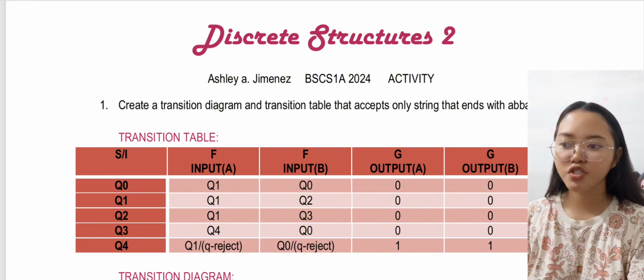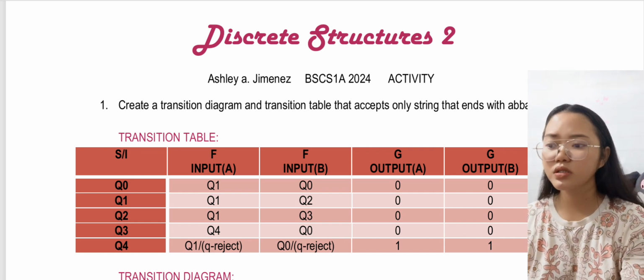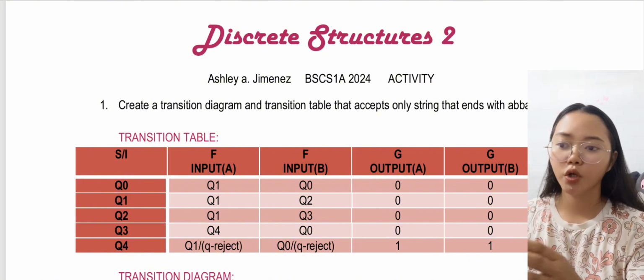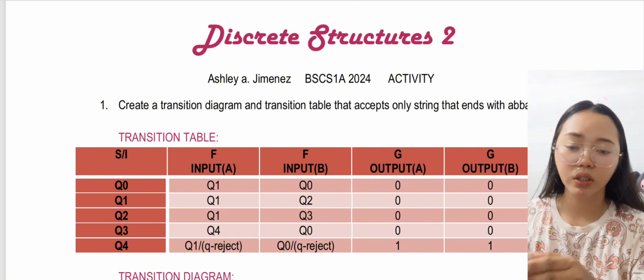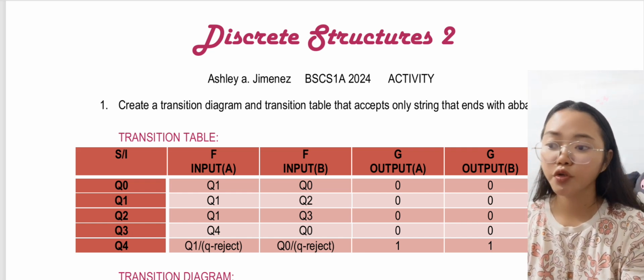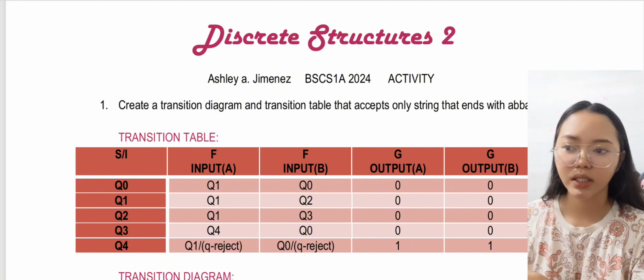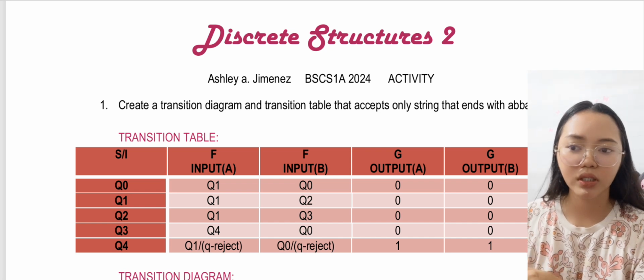Here's the transition table and the transition diagram. Each row represents a state, and the columns show where the machine transitions based on the input, either A or B. Q4, or state 4, is the accepting state, so when we reach it after reading ABBA, the string is accepted.